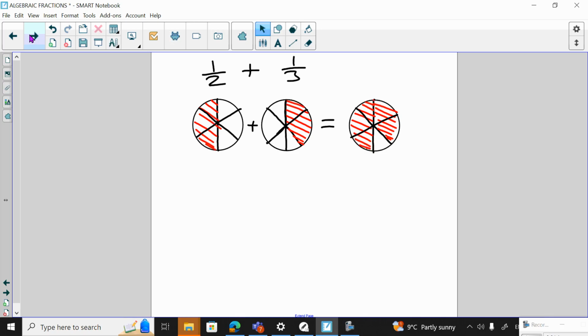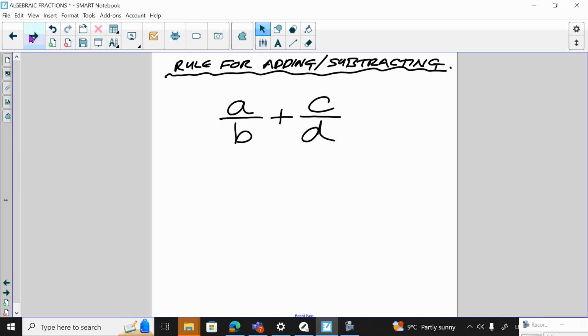It looks like I've divided the half into 6ths and the third into 6ths. So I've got 1, 2, 3, 4, 5 out of 6. So is that the answer? Yes, that is the answer.